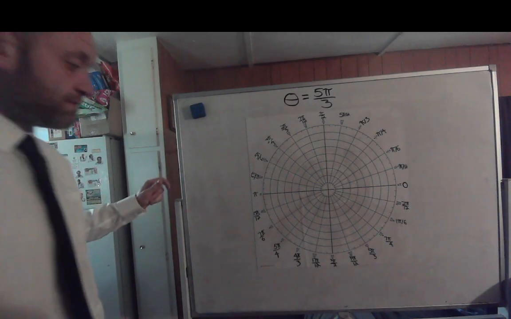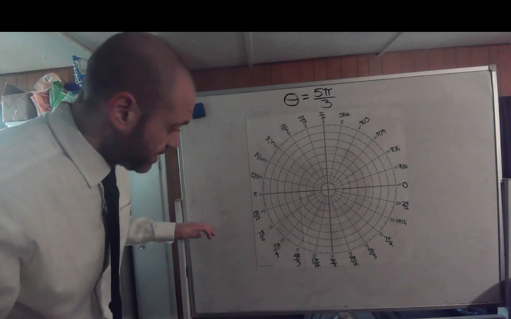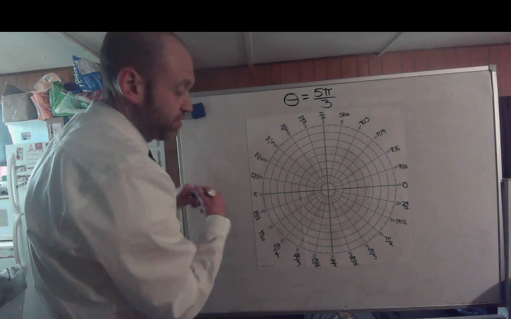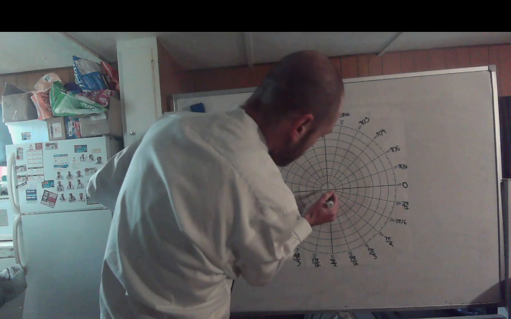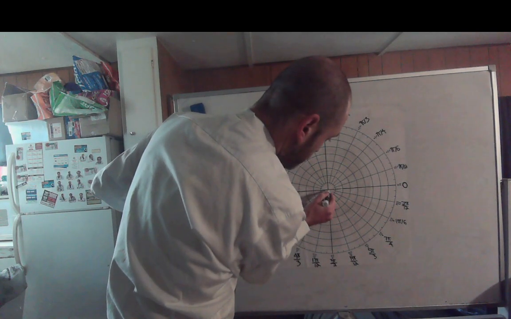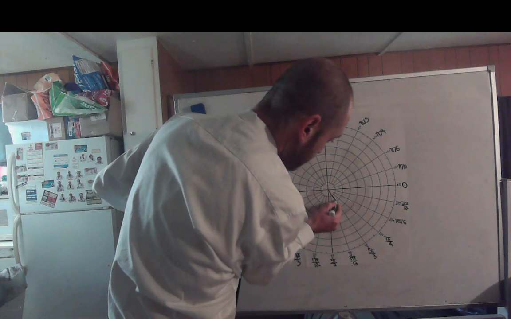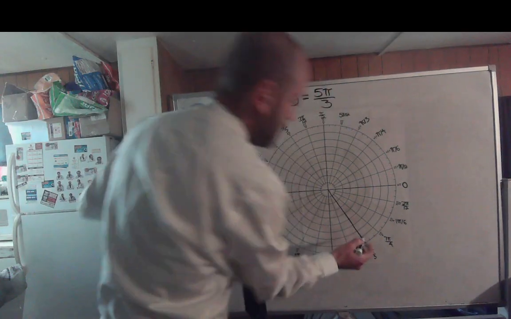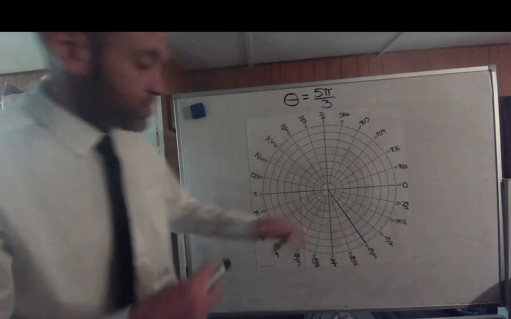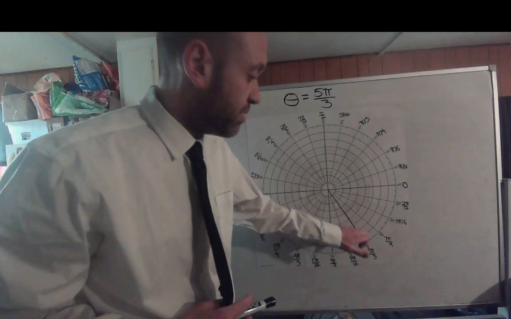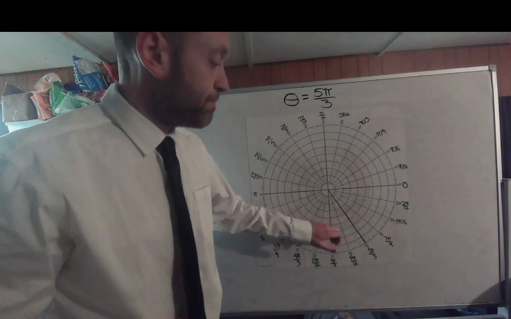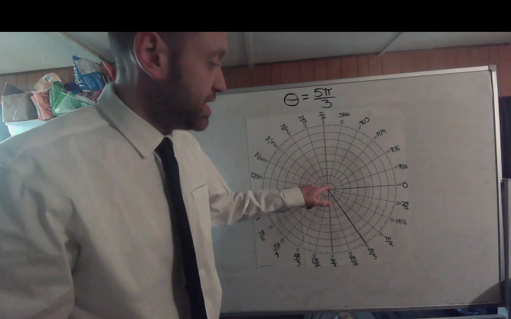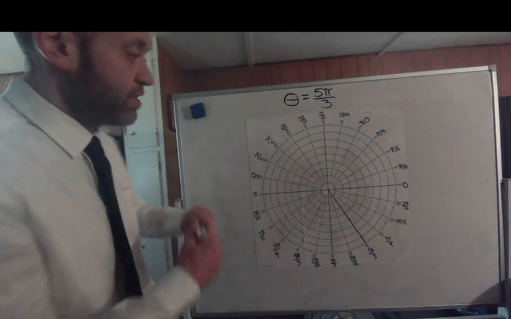So let's find 5 pi over 3 on here. So 5 pi over 3 happens to be right here. So you always start at the origin, at the pole, and draw the entire 5 pi over 3 axis. But you have to keep in mind, going this way is positive on the 5 pi over 3 axis. If you subtract pi from this, you'll go in the negative direction on the 5 pi over 3 axis.